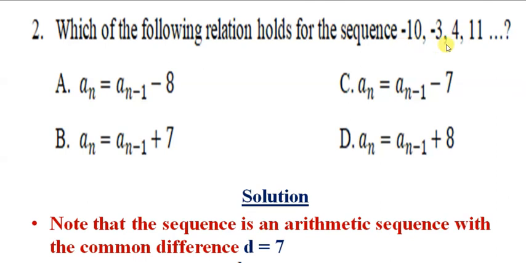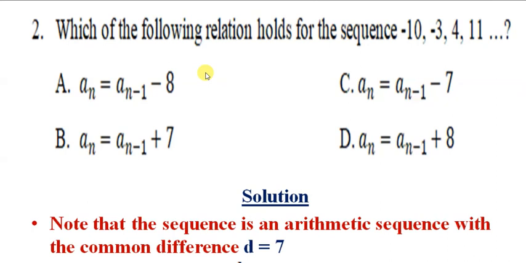Now we define an arithmetic sequence as a sequence in which the difference between consecutive terms is constant. Then let us check. These are successive terms, and these are also successive terms. Now let us check whether this sequence is an arithmetic progression or geometric progression or neither.